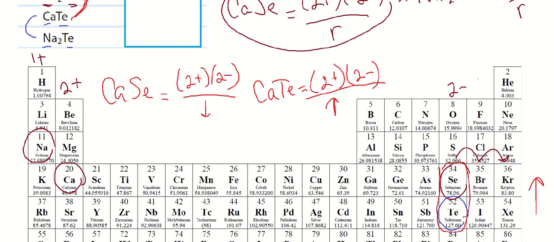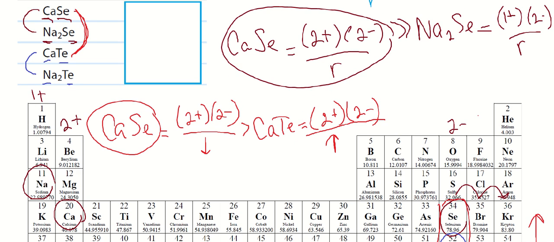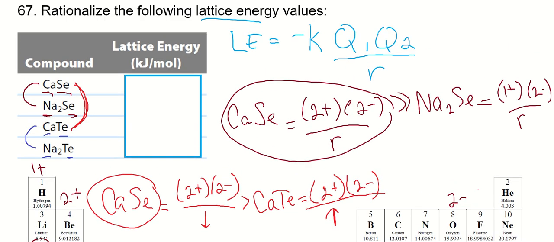Because the radius of the selenide ion is smaller, we would expect the lattice energy of calcium selenide to be slightly larger than the lattice energy of calcium telluride. Our hypothesis at the very beginning was that the radius is a smaller factor than the charges.